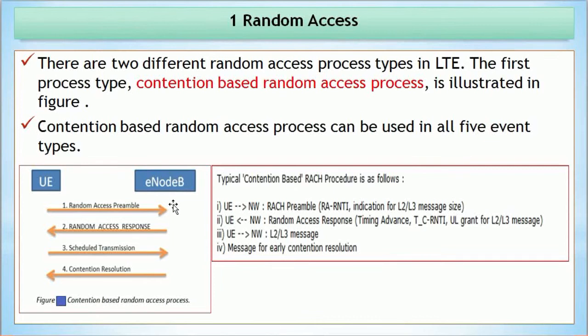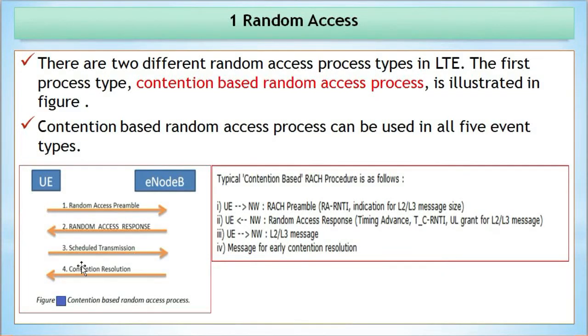The second message is sent by the eNode B to the UE, the random access response. Okay, in the random access response there are many things like timing advance, T-CRNTI, and uplink grant for L2 and L3 messages.